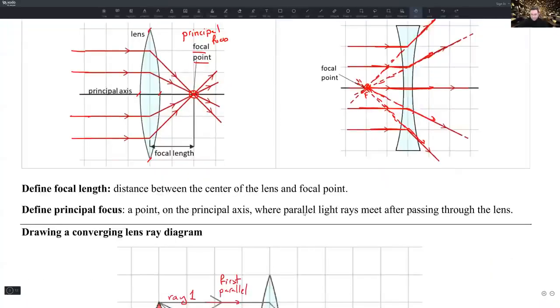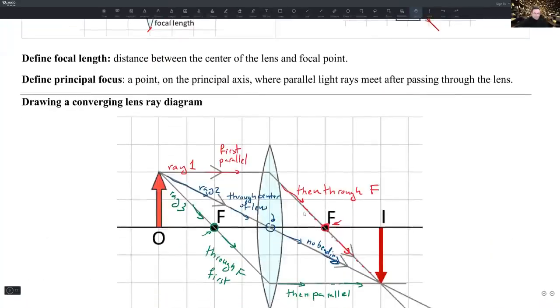Again, we put a lens in front of an object that emits light, something like a light bulb, and you end up seeing that image, or the light from the light bulb, as an image on a screen. So the light from the object passes through the lens and you end up seeing it on a screen. This is an image.